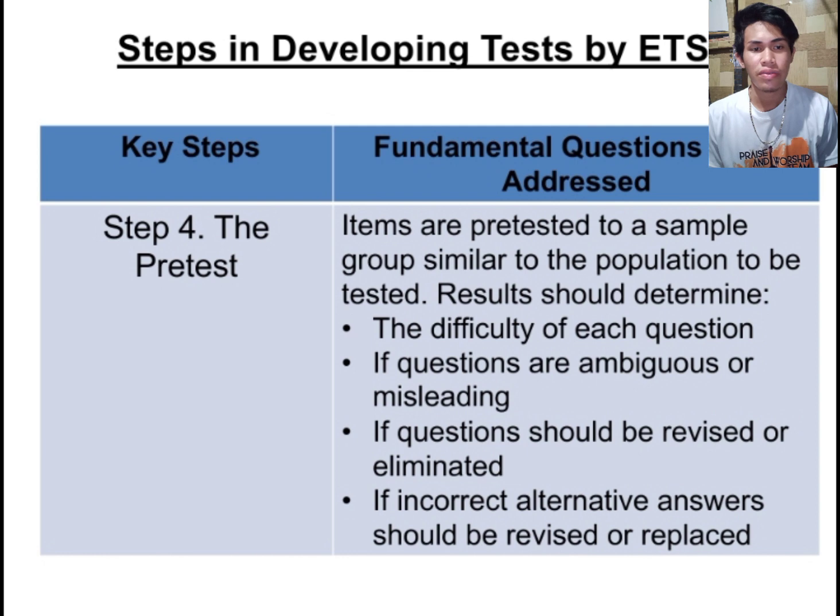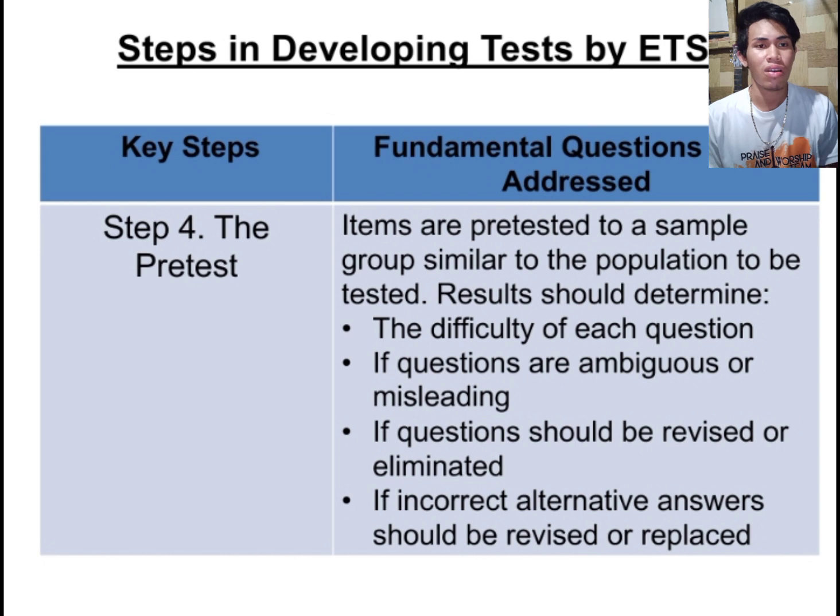Additionally, the pretest helps identify any ambiguities or misleading aspects of the questions. If a question is found to be unclear or confusing to the pretest participants, it can be revised or eliminated to ensure that it accurately measures the intended construct. Furthermore, the pretest also helps in evaluating the alternative answer choices.